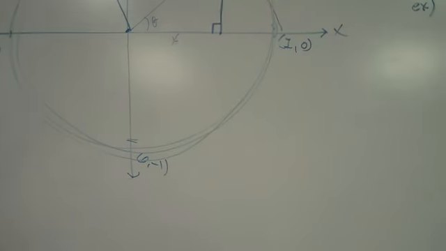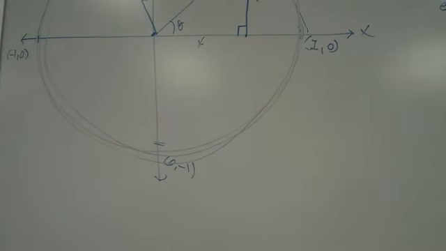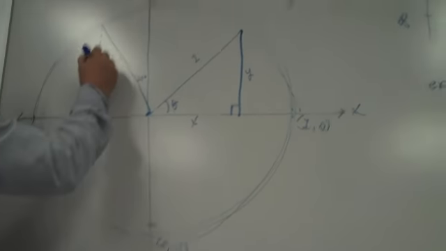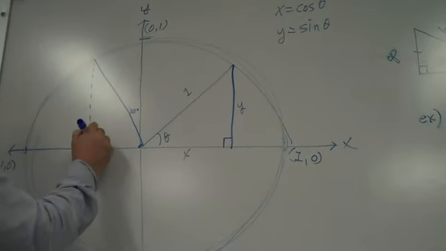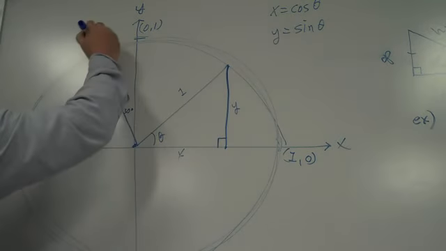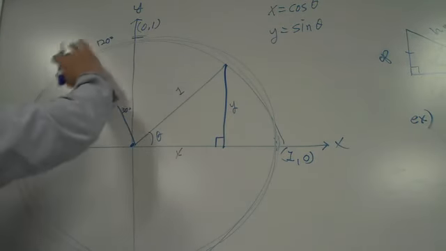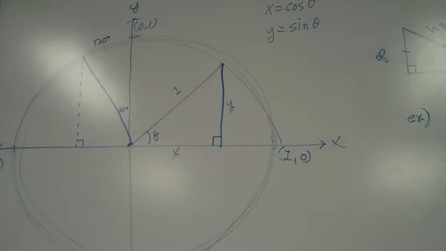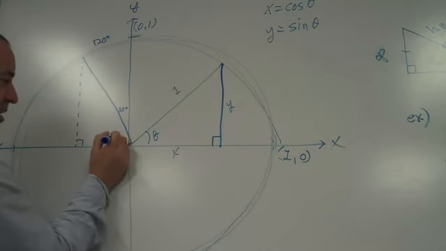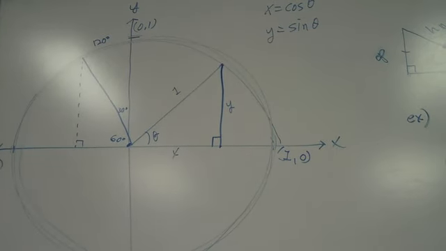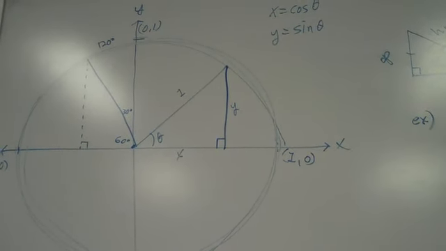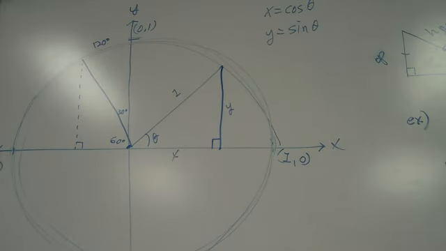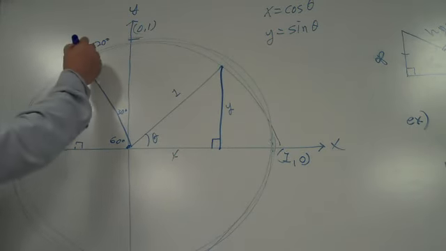Now, I wrote up here, use the reference angle. Here's what that means. I drop this line down and make my triangle. For 120 degrees of standard angle, what reference angle do I have? 60. 60, because I always draw the reference angle to the x-axis, closer to the closest part of the x-axis from the tip of the radius.